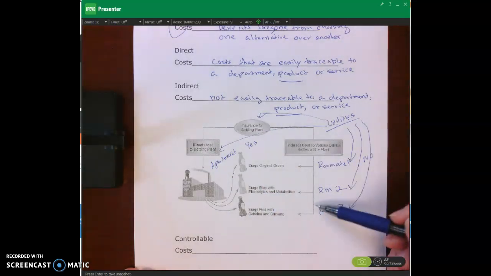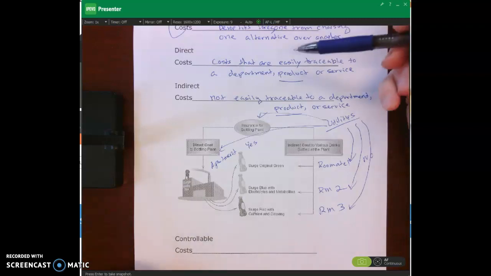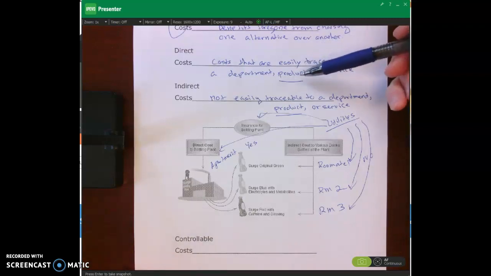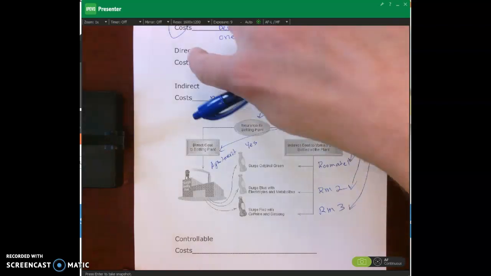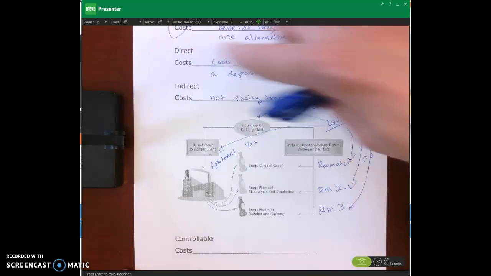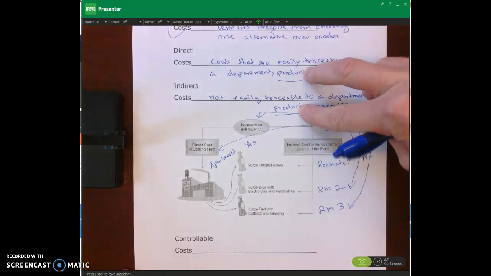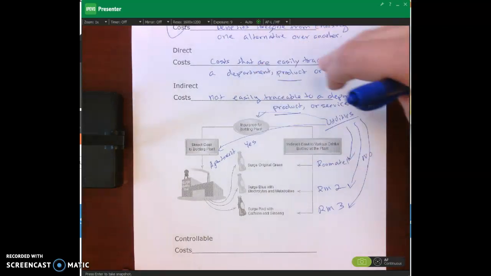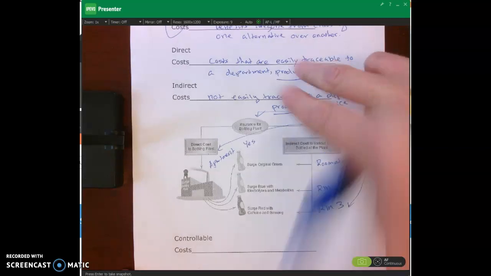But it's indirect with respect to the products. So to summarize, when I'm talking about direct versus indirect in this chapter and also in job order costing and process costing, I'm talking about whether it is direct or indirect with respect to the products that we make, not with respect to the department or division.